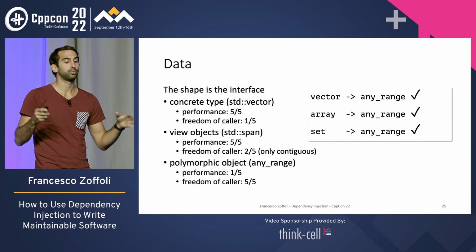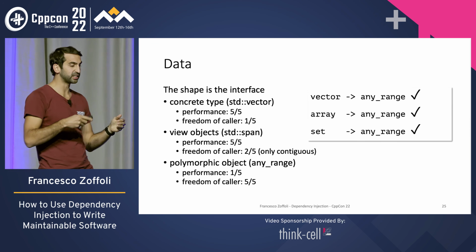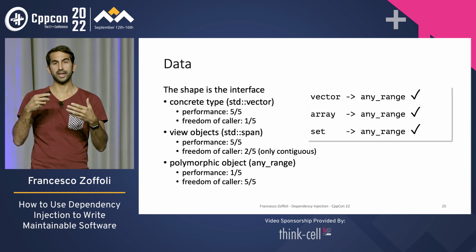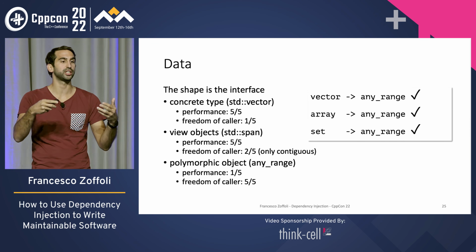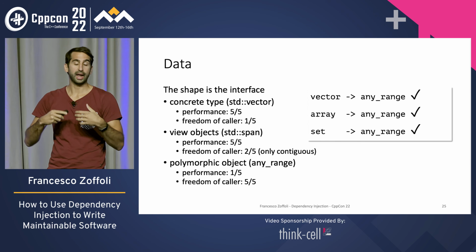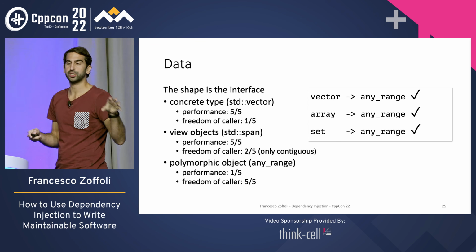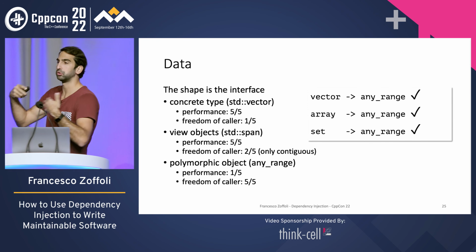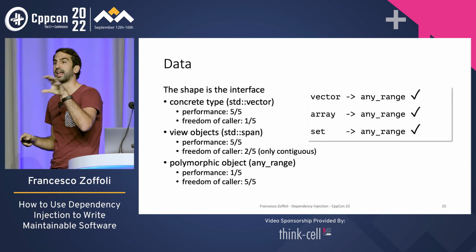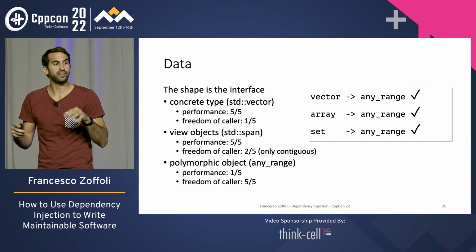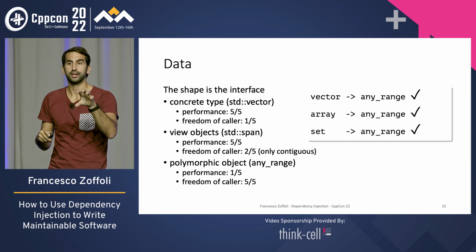Something to keep in mind when you're looking at these options is how they compose. So for example, if I want to pass a sequence of sequences of integers, and our user might have a vector of vectors, if I take the type as a concrete type, this is gonna work, no problem. If I take it as an any range of any range, this also works and it's not a problem. But if I take it as a span of span, I have a problem.